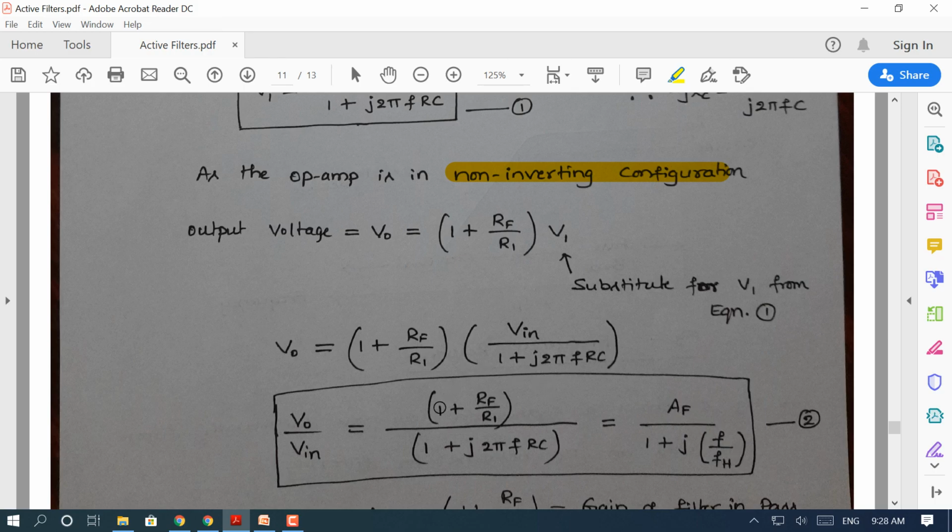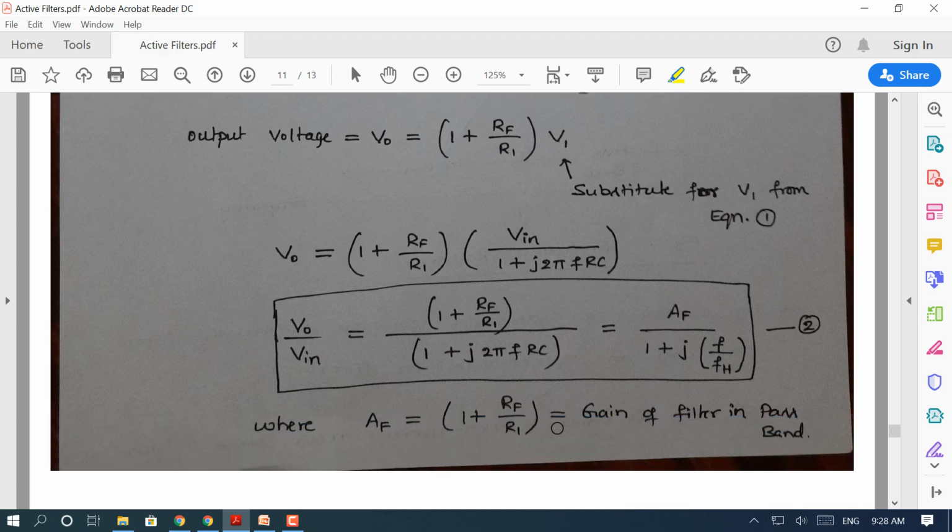We are calling 1 plus Rf by R1 the closed loop gain of the non-inverting configuration, denoted as AF. That is, AF equals 1 plus Rf by R1. That's the gain of the filter in the pass band. And here fH equals 1 by 2 pi RC. That's the upper cutoff frequency or higher cutoff frequency, labeled as fH.